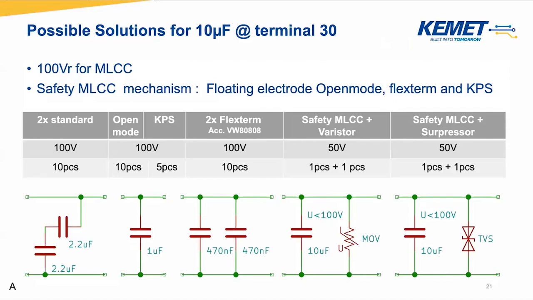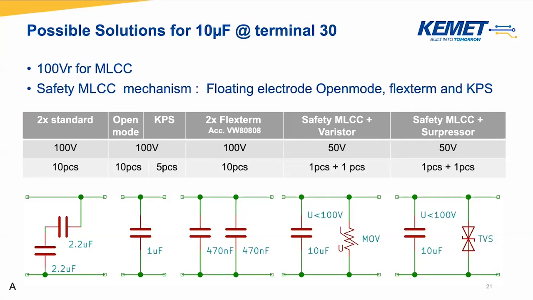What you can use is 2 times the standard 100 volt part, and we offer 2.2 microfarad in a 100 volt automotive part. If you put 2 in series, you end up with nearly 1 microfarad, so you need 10 microfarad and you need 10 pieces. Very simple.